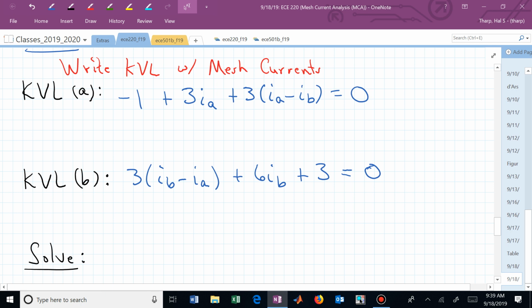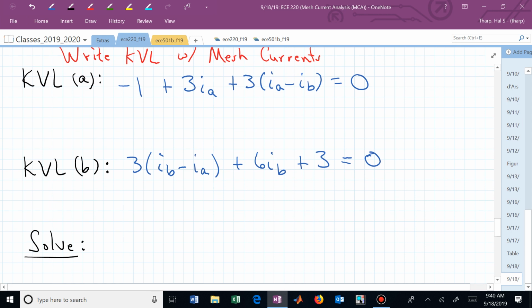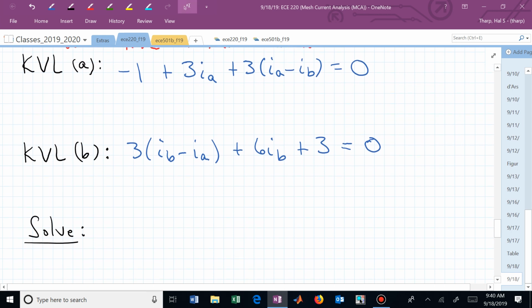Now we need to solve this. This is 2 equations and 2 unknowns, the two unknown mesh currents, I sub A and I sub B. And we can solve this however you want to do it. Let's just do it by rewriting equation A, let's solve it for I sub A. Now equation A we can rewrite as 6 I sub A minus 3 I sub B is equal to 1.